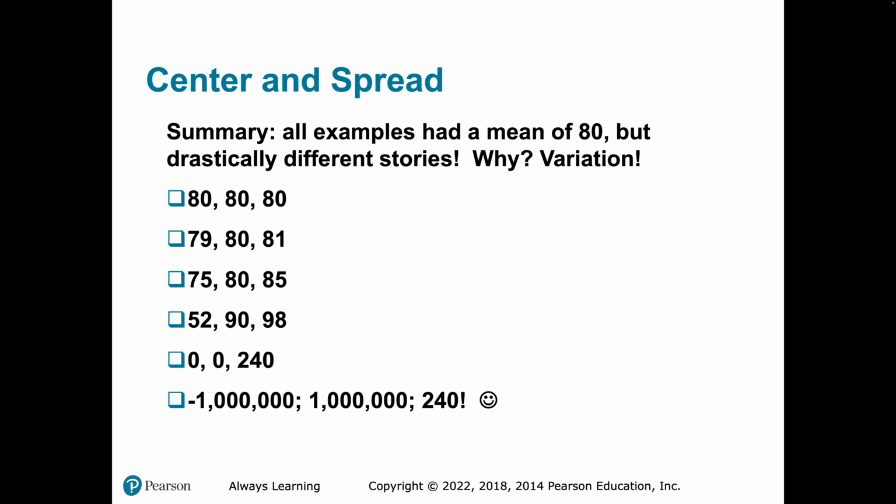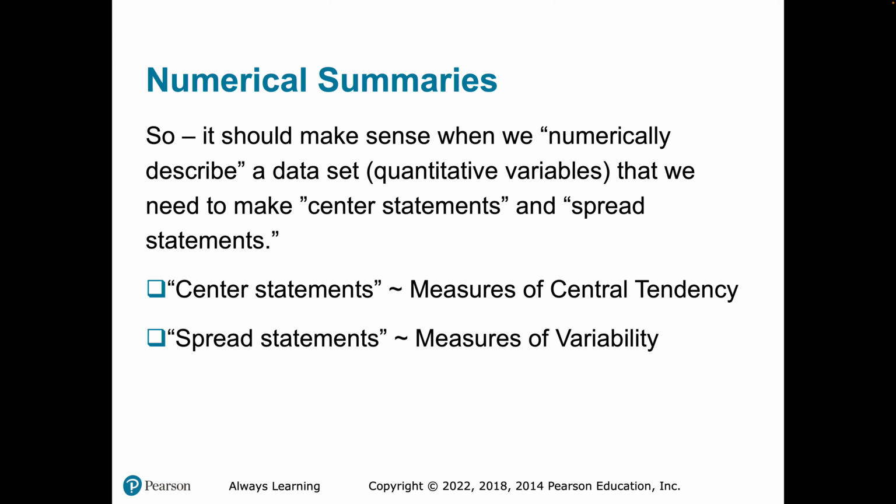So the point I'm trying to make is that when we provide numerical summaries for quantitative variables, we need to learn to make more than just what we call a center statement. We also need to be able to address the spread, which we call the variation. Let's circle back to my golf scores.